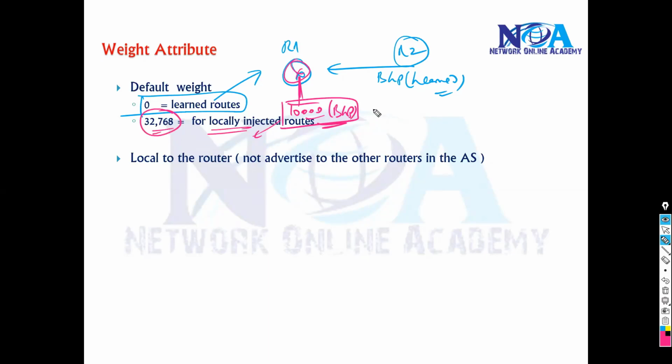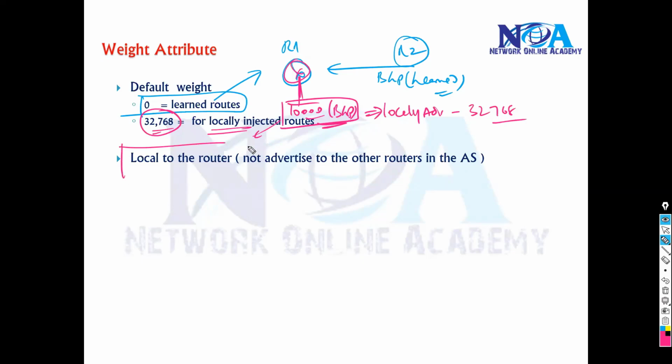All your locally injected, meaning locally advertised, routes will always have a weight of 32768. So there are two different default weight values. All routes learned from neighbor routers, whether internal or external, have a weight of 0, which is the default. And the default weight for all locally injected routes is 32768.